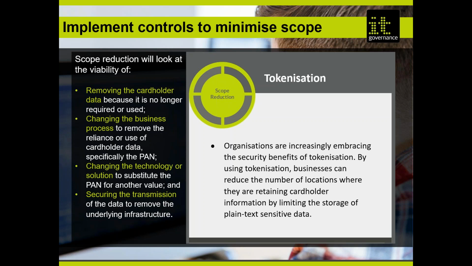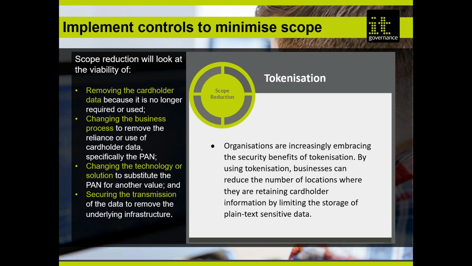The tokenization solution randomly generates a value to replace the credit card data, and consequently, if correctly implemented, the merchant will never have access to see the customer's credit card details.